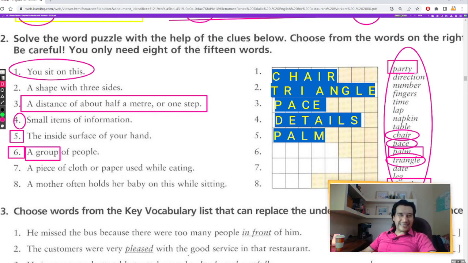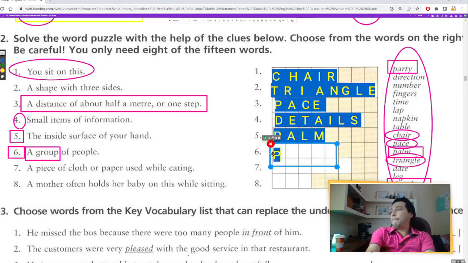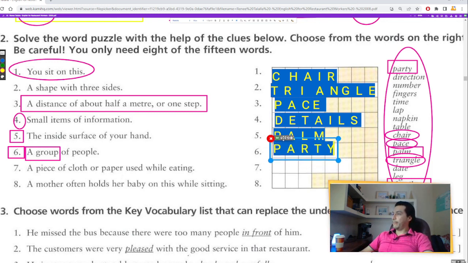No packs. Party. Like, woo, party. So, number 6 is party. P-A-R-T-Y. Party. Not packs.